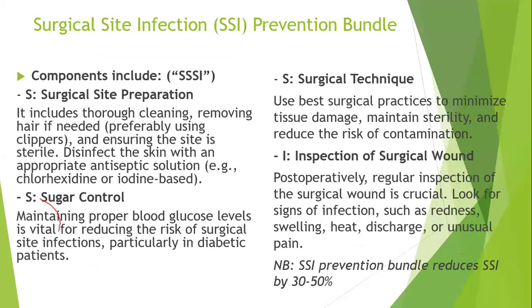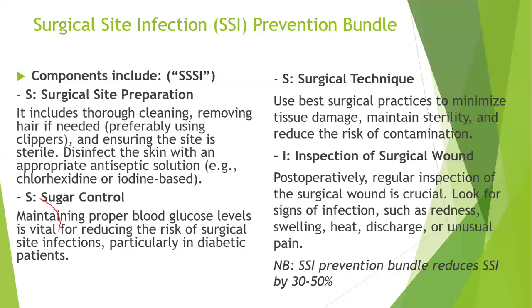So, the prevention bundle, don't forget, for SSI: you want surgical site preparation, intra-op, disinfect the skin with appropriate antiseptic solutions, start antibiotics, and sugar control, because elevated blood sugar leaves room for growth of pathogens, especially in diabetic patients.